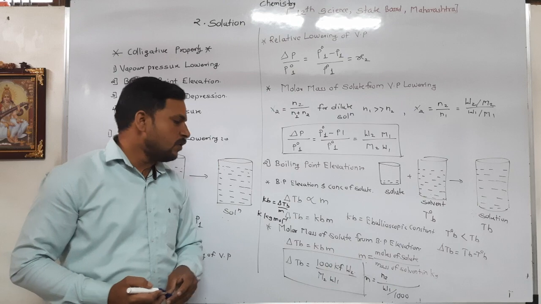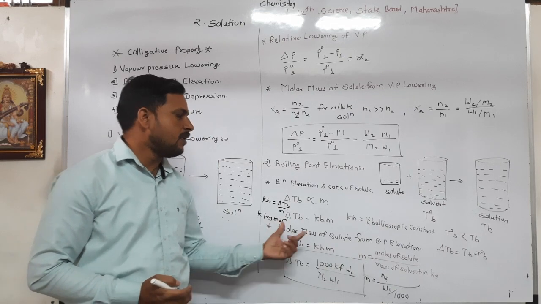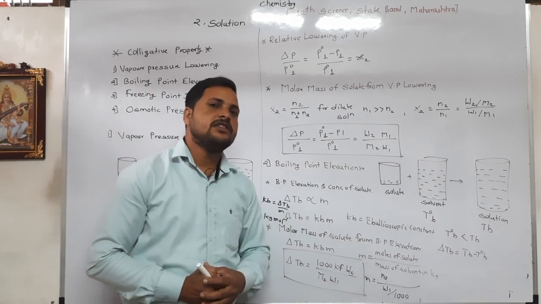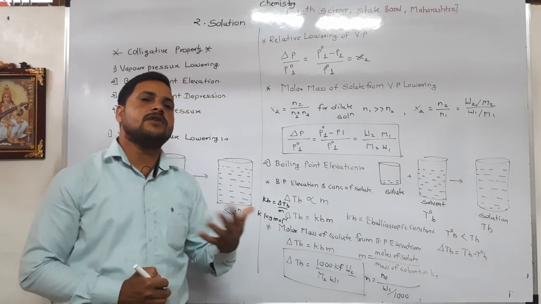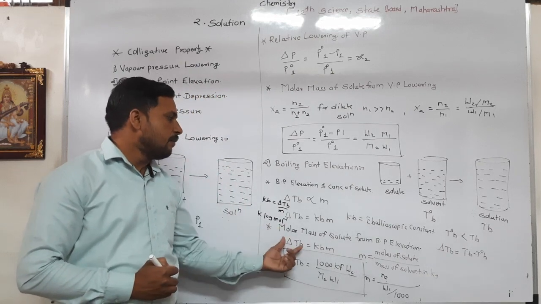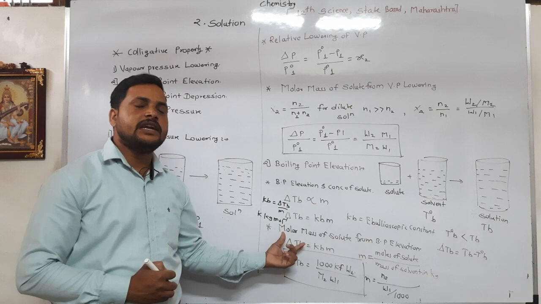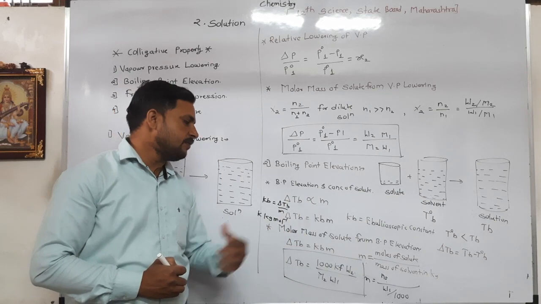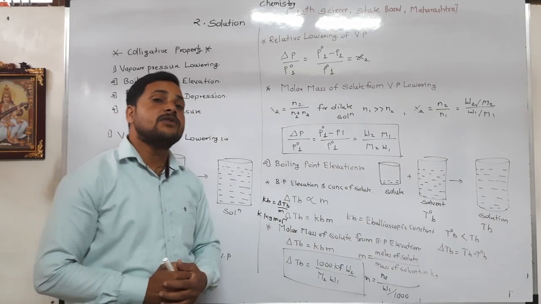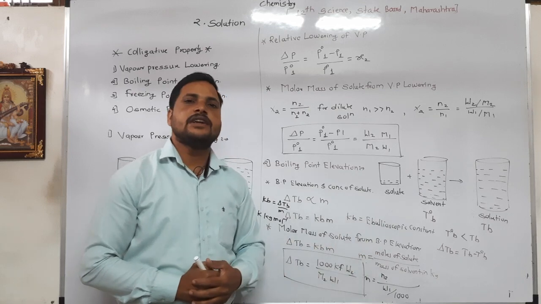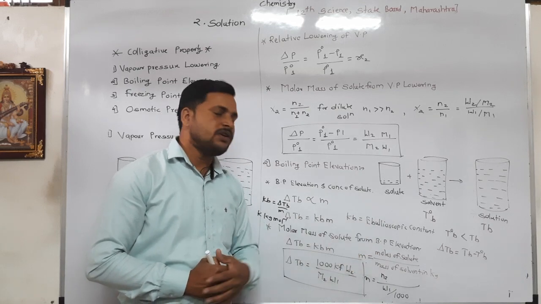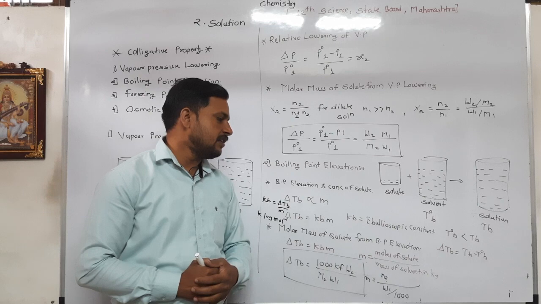Next point, molar mass of solute from boiling point elevation. This question is also asked for 2 to 3 marks. From the boiling point elevation, delta Tb is equal to Kb into m, where m is the molality, which can be calculated as moles of solute upon mass of solvent in kg.